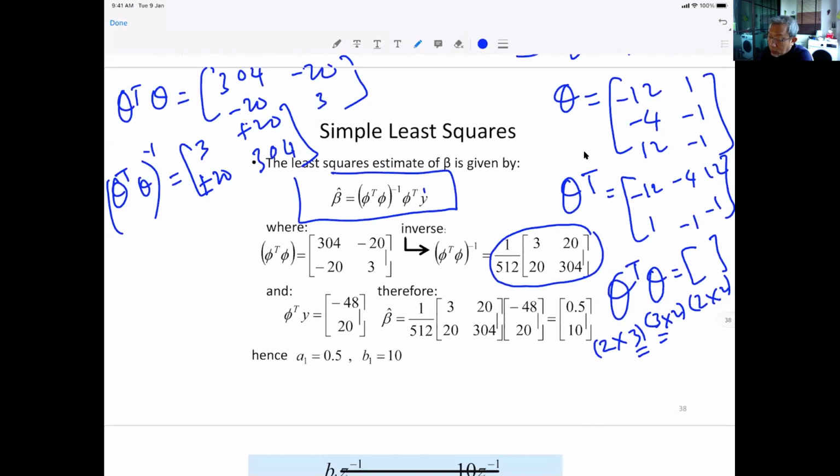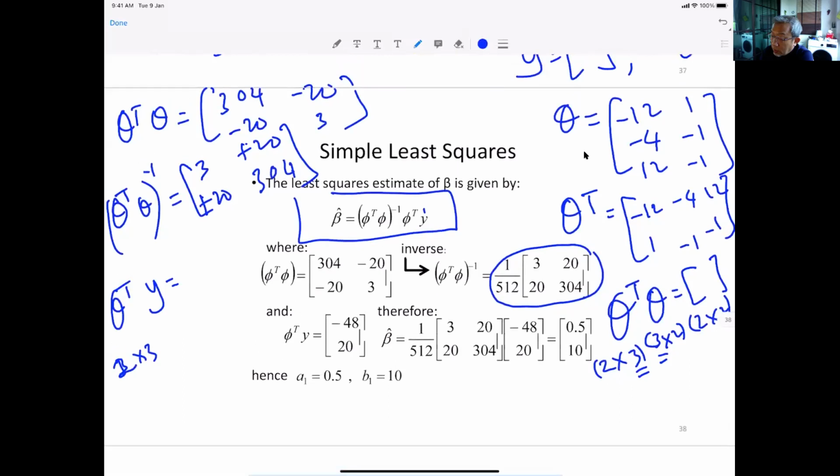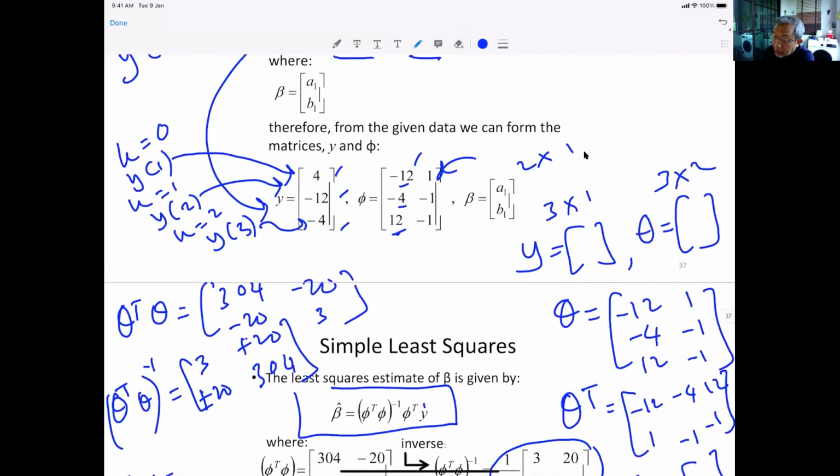And then theta transpose y. Theta transpose y is this one: theta transpose is a 2 by 3 matrix, and y, which is here, is a 3 by 1.